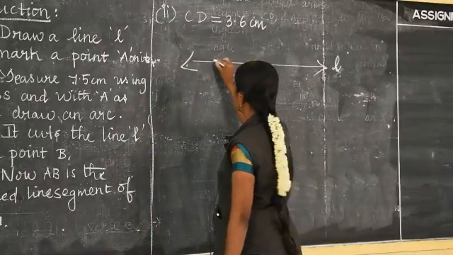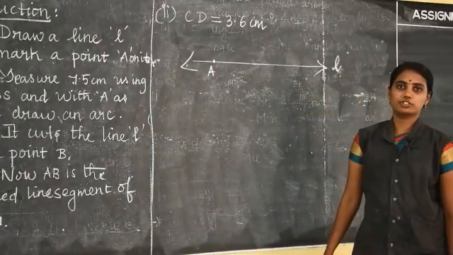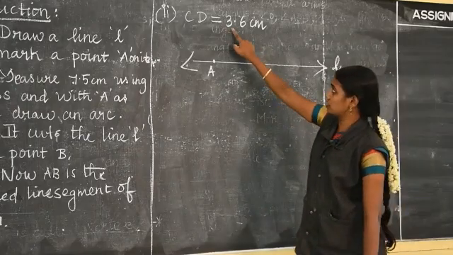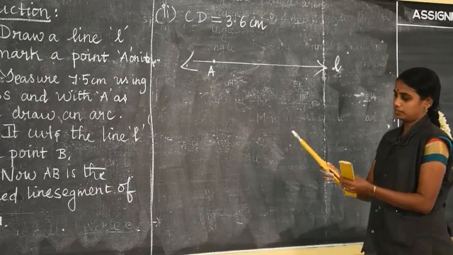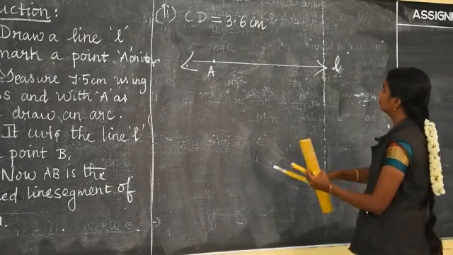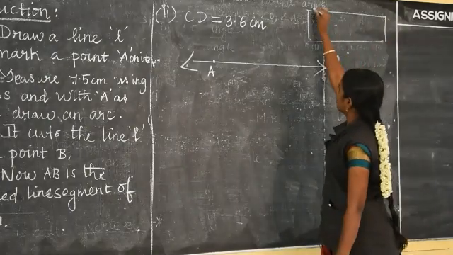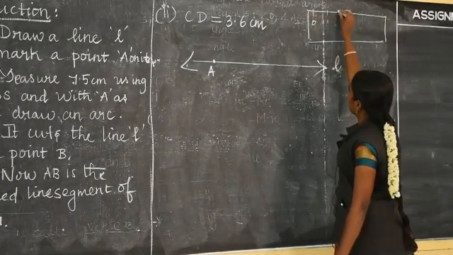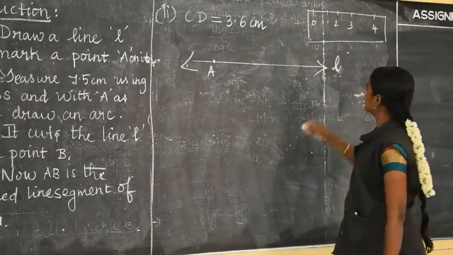Mark a point A. Next, how many centimeter should we measure here? Sorry, 3.6. Listen, from 0 we have 1, 2, 3. Between 3 and 4 is 3.6.